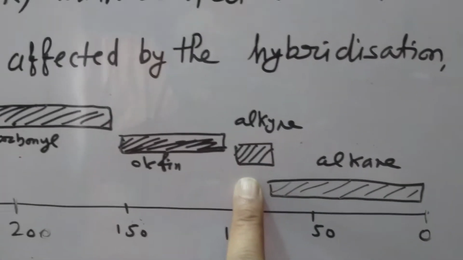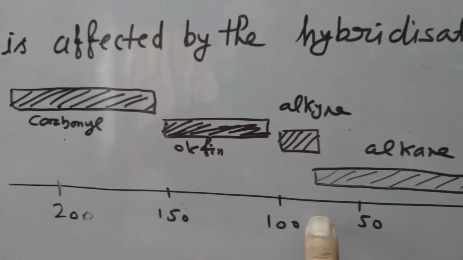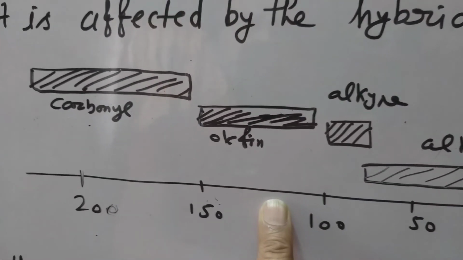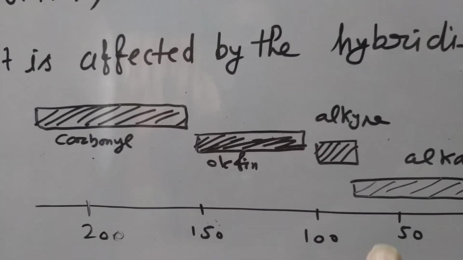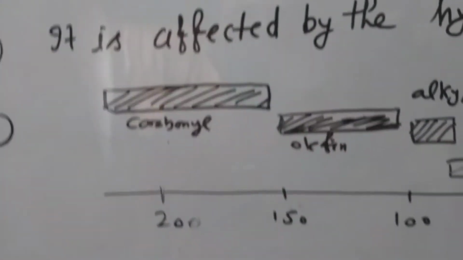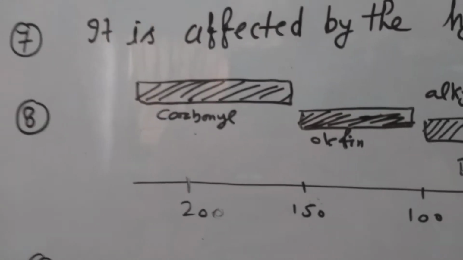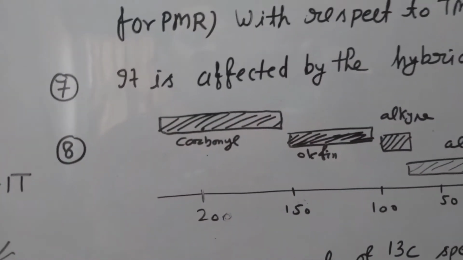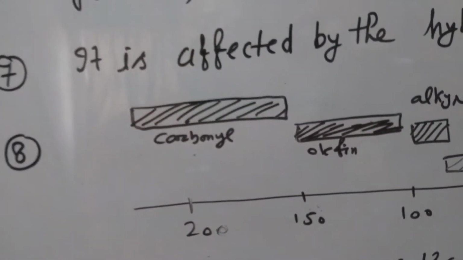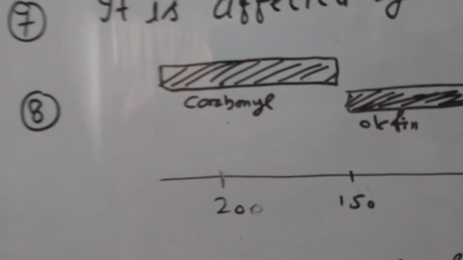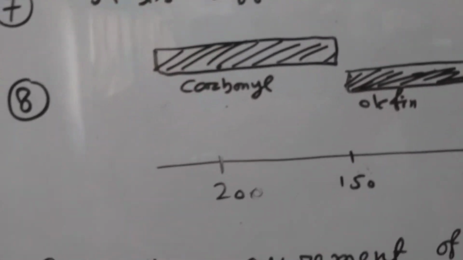For alkyne, this can range from about 60 to 100, and for alkene it can range from 100 to 150, and for the carbonyl group which is present in aldehyde, ketone, esters or other acid derivatives, it can range from 160 to 220.